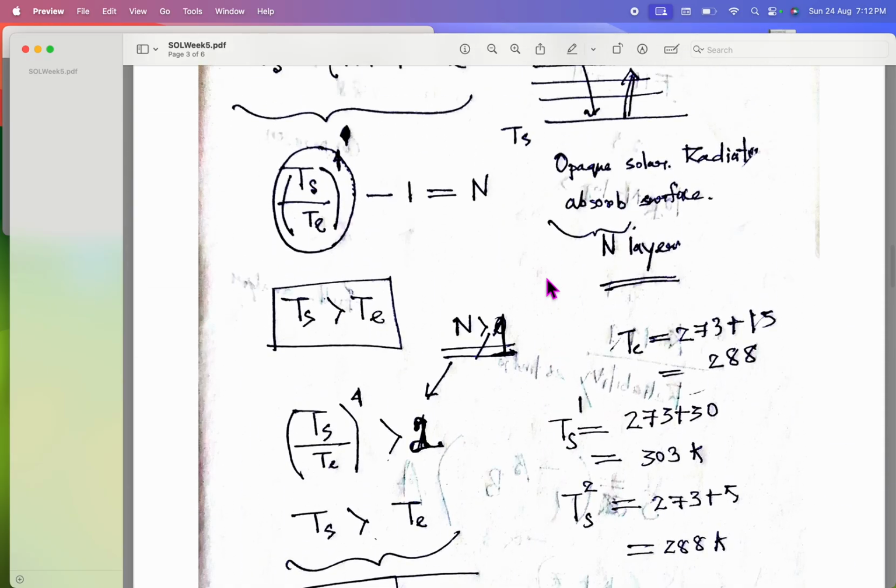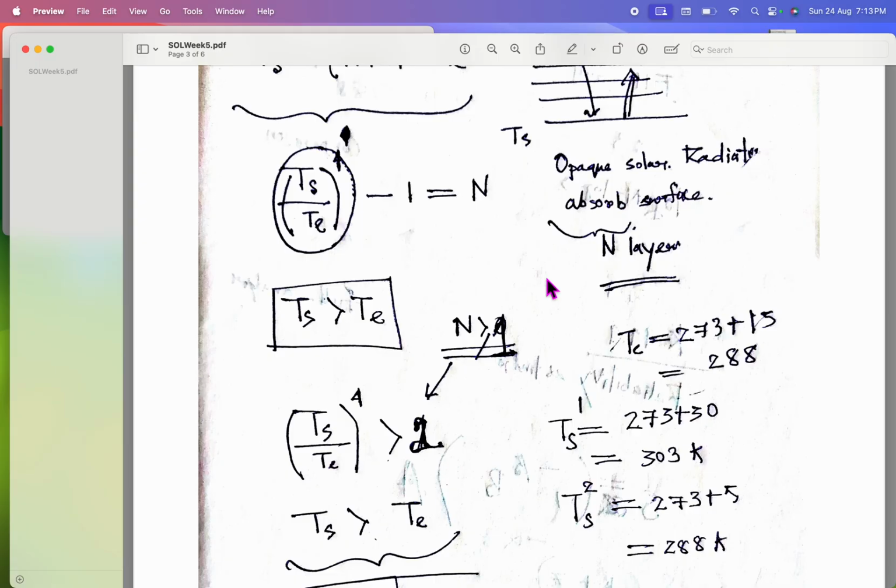So you have to use this formula. Emission temperature is minus 15 degrees Celsius, that is 273 minus 15, which is 258 Kelvin, and the surface temperature is 55 degrees Celsius, that is 55 plus 273, which comes around 328 Kelvin.